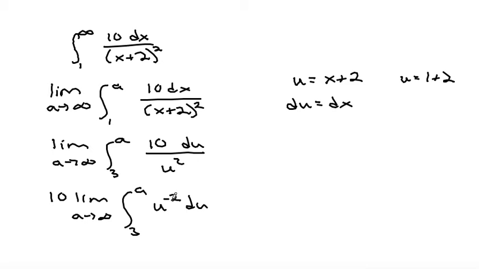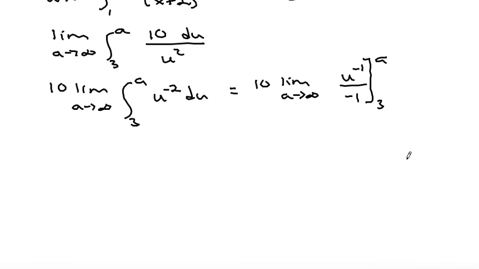Okay, so now let's take the integral. Using the integral power rule, we can write this as 10 times the limit as a approaches infinity of u to the negative 1 over the new exponent, which is negative 1, evaluated from 3 to a.